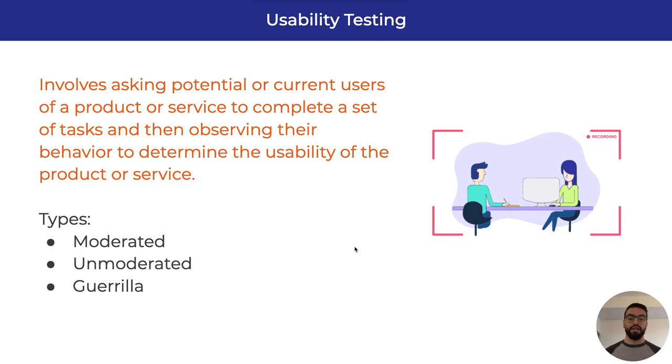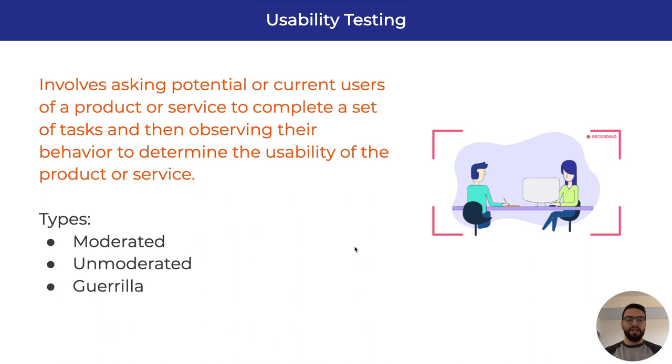Unmoderated usability tests are sometimes known as asynchronous research, and they're conducted online, usually at the user's convenience. The tasks and instructions are usually given via video or recorded audio, and the user then clicks a button to begin, and the recording of their screen and audio starts.